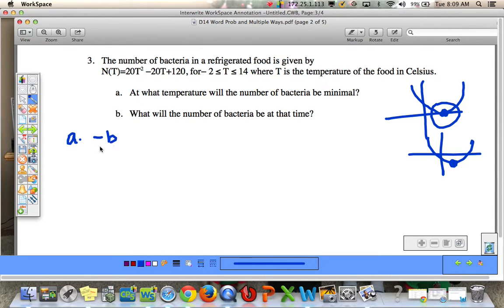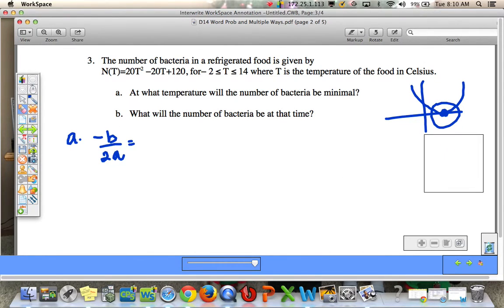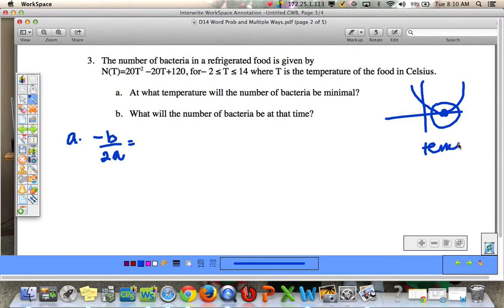Let's do that negative b over 2a to find the x value. Actually, the temperature, because this is the temperature. So again, if we're looking at this graph right here, the independent variable is temp, and then the number of bacteria would be the dependent.